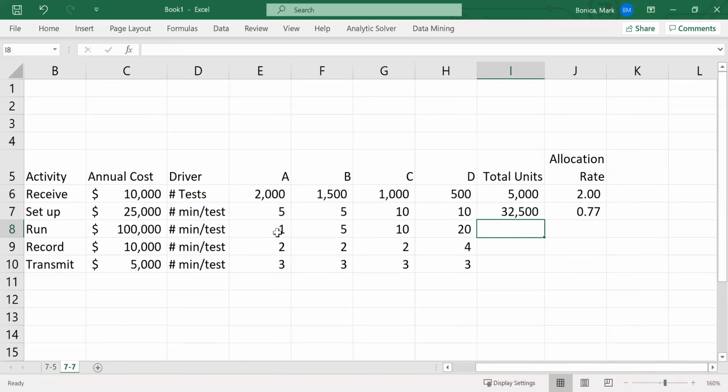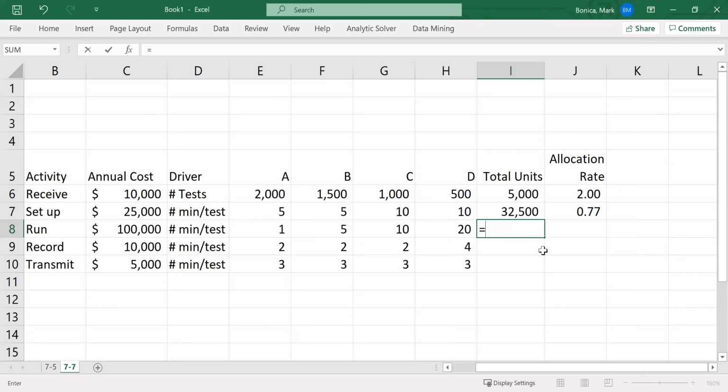Now we'll do the same thing for run. To run a test A takes 1 minute, but we do it 2,000 times, so 2,000 times 1. To run B takes 5 minutes, so 5 times 1,500. To run C takes 10 minutes, so 10 times 1,000. And D takes 20 minutes, so 20 times 500.